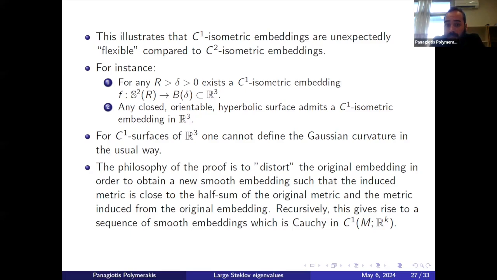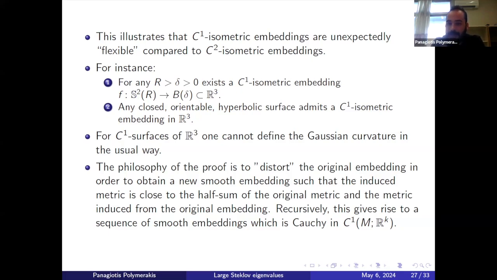So the idea in order to prove this result is basically to distort the original embedding in order to spend all this extra length that we have with respect to the Riemannian metric outside the Euclidean space. And it's quite technical and difficult.